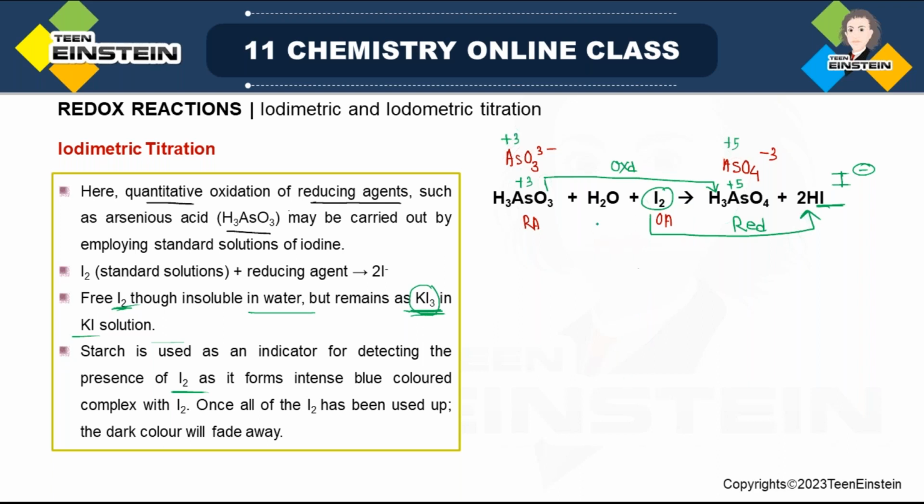Now when this type of equation is given and you have to balance it, just break it into half reactions, or there is another method also, whichever you find suitable. But as I have mentioned, the application of iodometric titration is comparatively more than this one, that is iodimetric.